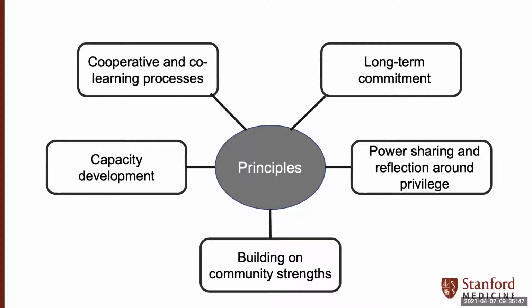Third, power sharing and reflection around privilege. Understanding our own identity, and understanding the identity of our institution in the communities in which we work, is incredibly important to be able to form equitable partnerships, acknowledging that oftentimes academic institutions hold a great deal of power in local communities, and finding concrete ways to share that power is important.